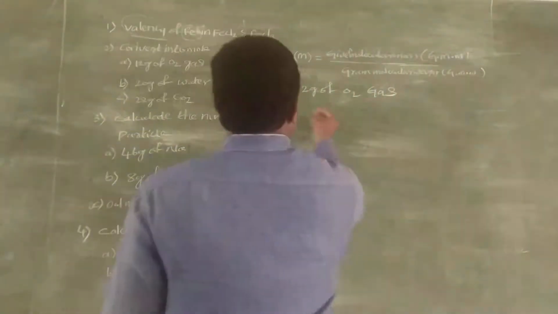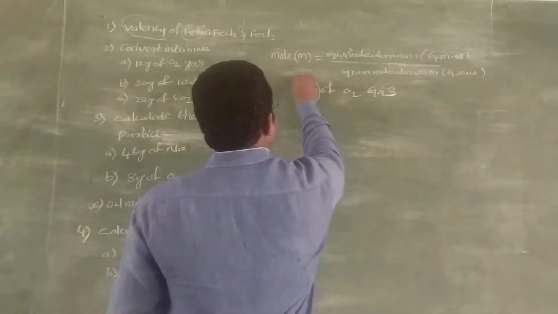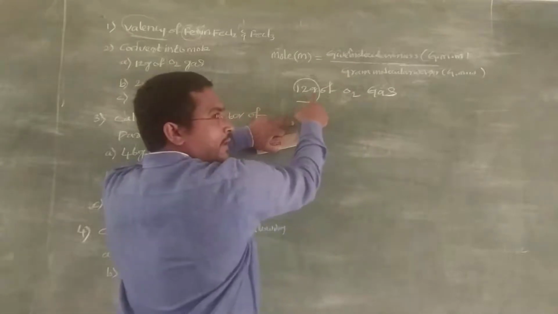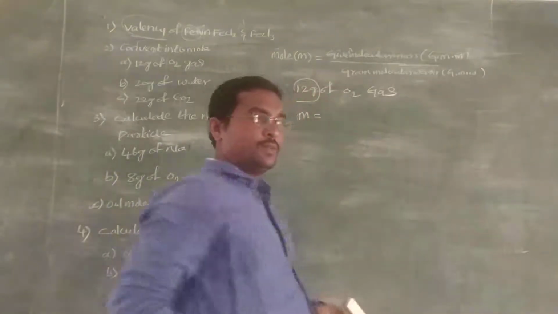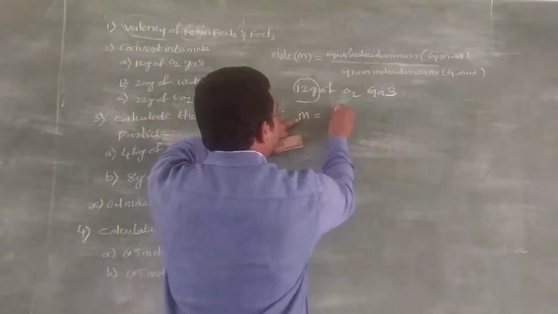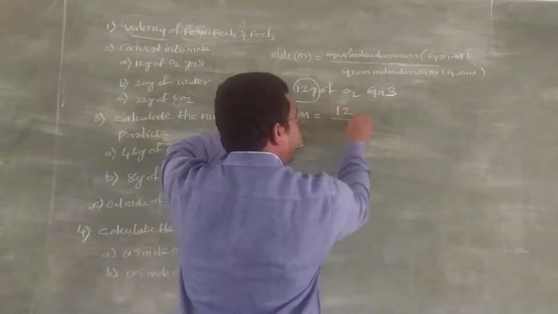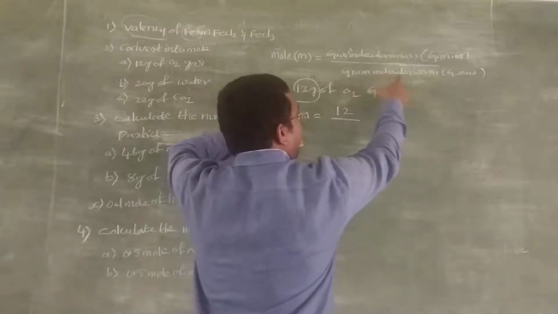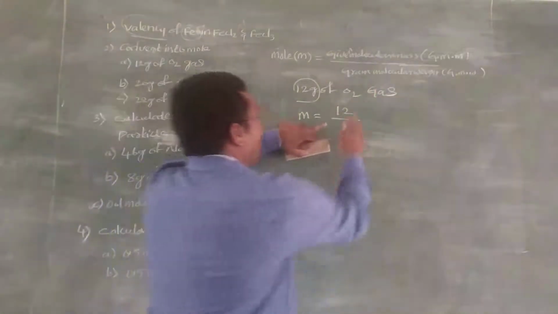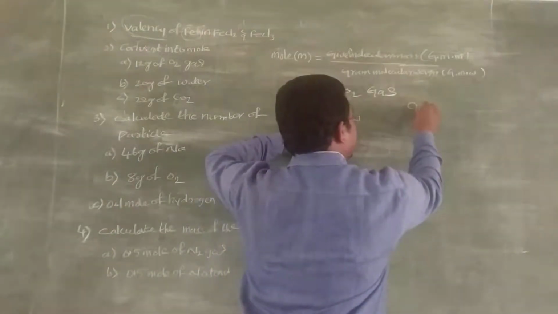So what you want to do here is, mole M is equal to given mass by gram molecular weight. The given mass is 12 gram. So here given mass 12 by gram molecular weight. So in gram molecular weight, how to find oxygen? Number of oxygen is 2.